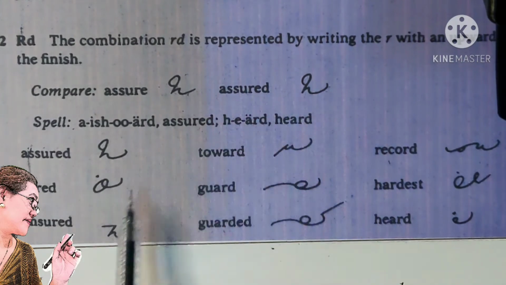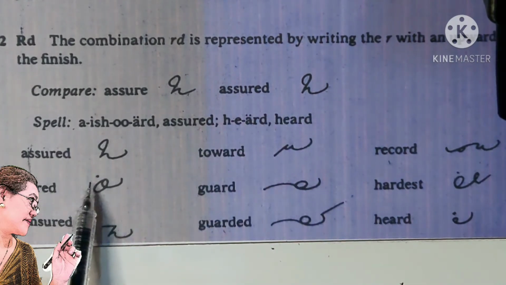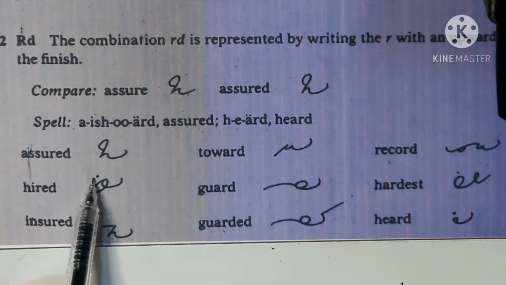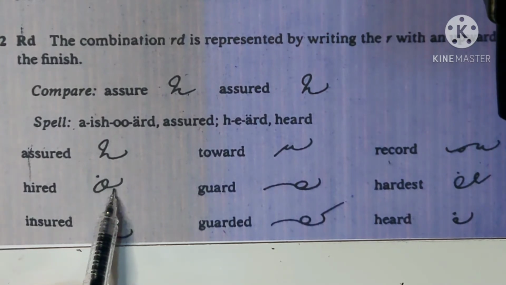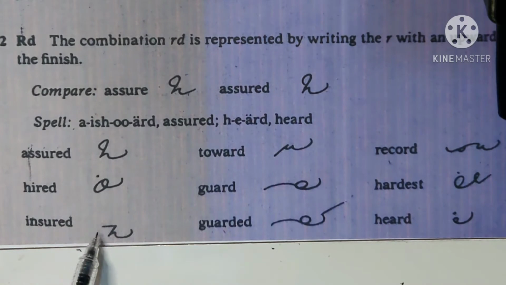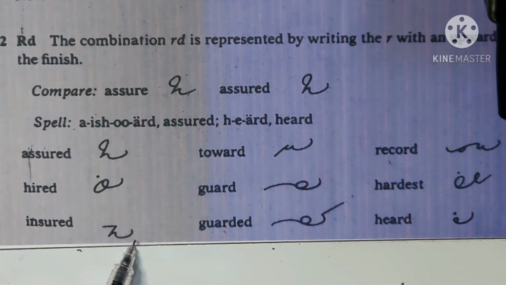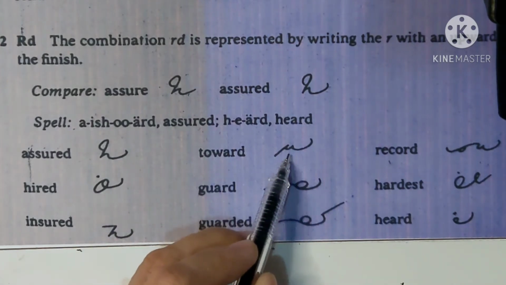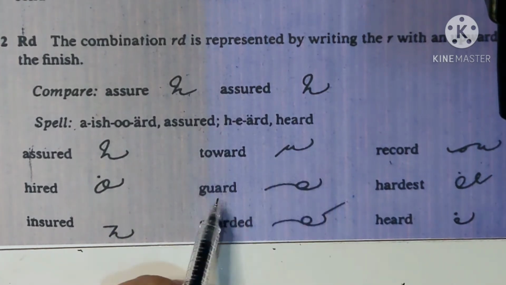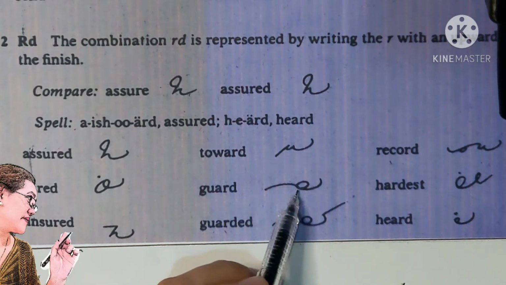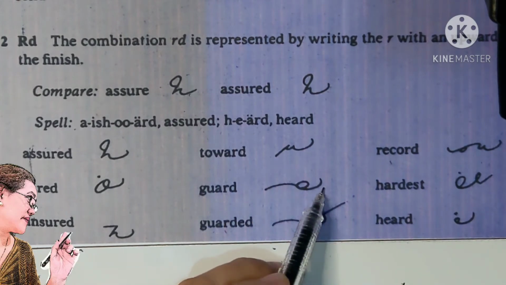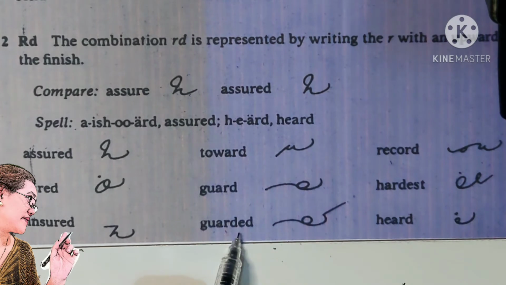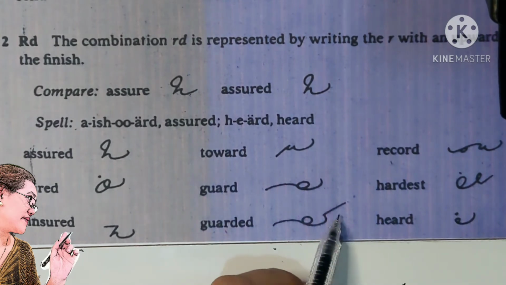Okay? Next, "hired," h, long I, r, d. "Insured," n-ish, o-o-r-d. "Toward," t-o-r-d. "Guard," g-a-r-d. "Guarded," g-a-r-d-d.